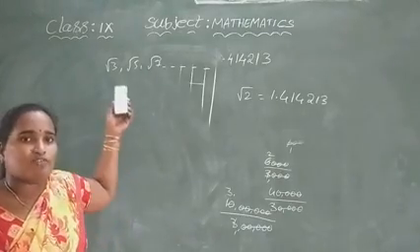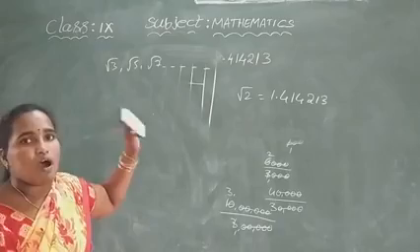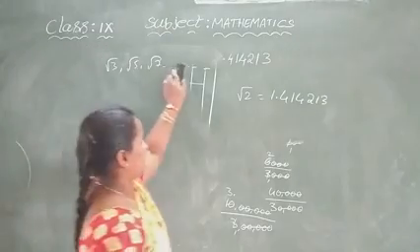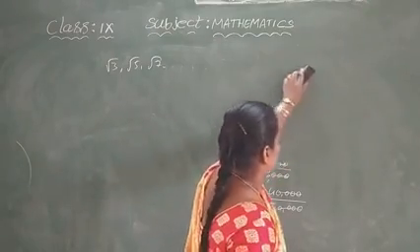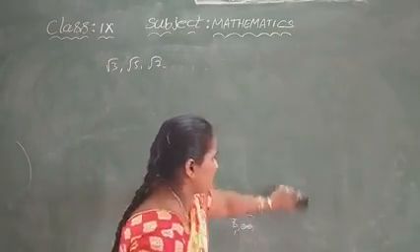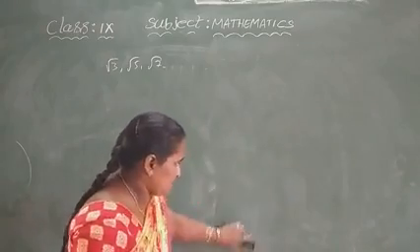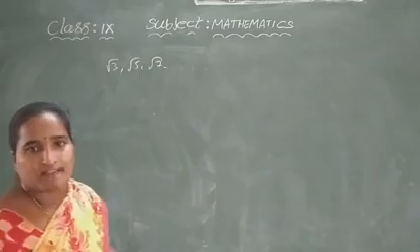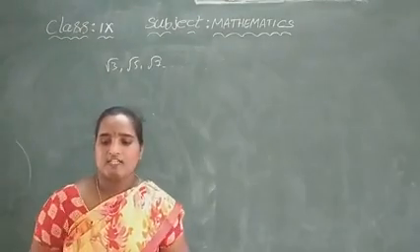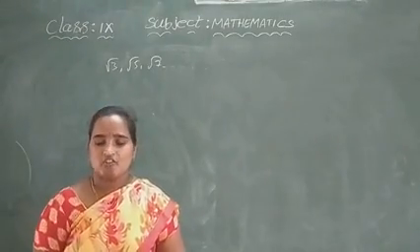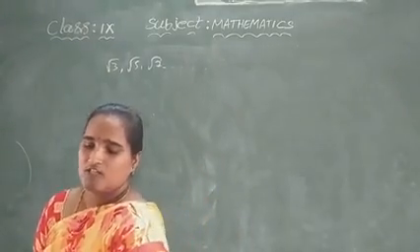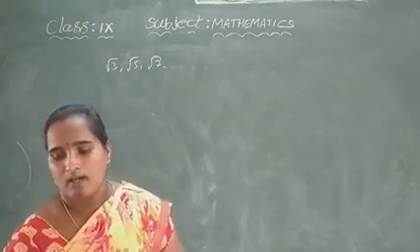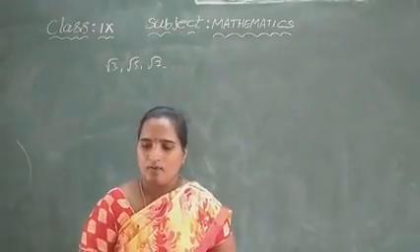You can find these values also by using the long division method. Next, representing irrational numbers on a number line.